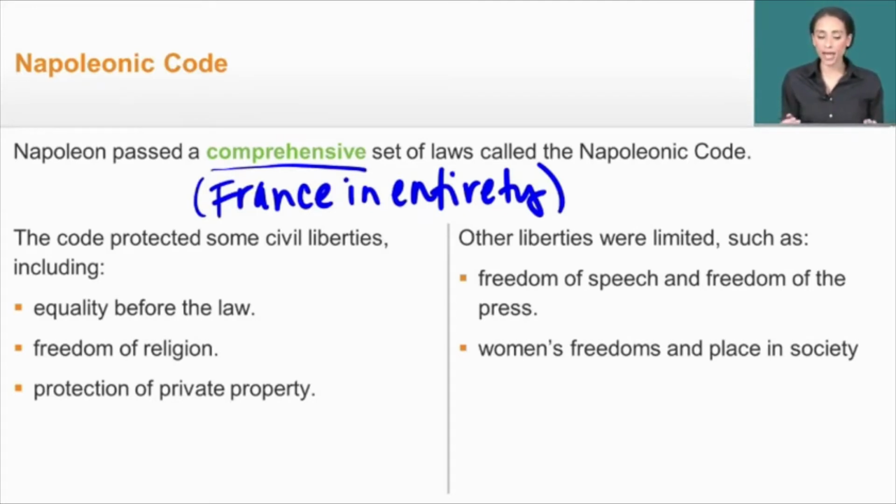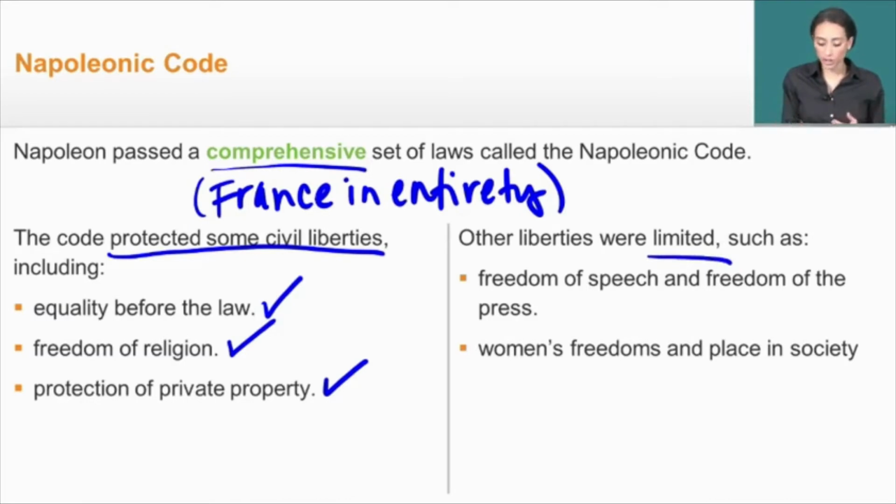So they protect many of those civil liberties, those natural rights that the Enlightenment talks so much about, like equality before the law, freedom of religion, and the protection of private property. So this is protecting those civil liberties. But in other ways, liberties were limited, such as the freedom of speech and the freedom of the press, and women's freedoms and their place in society.